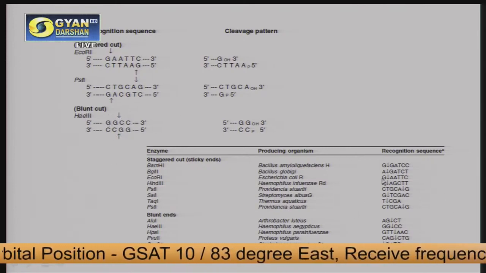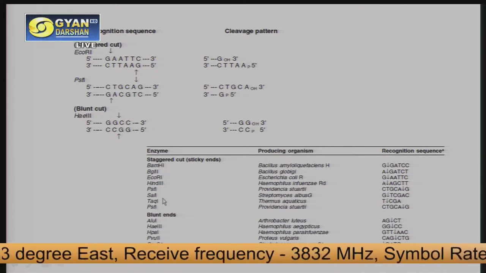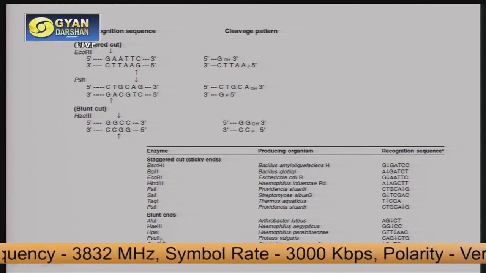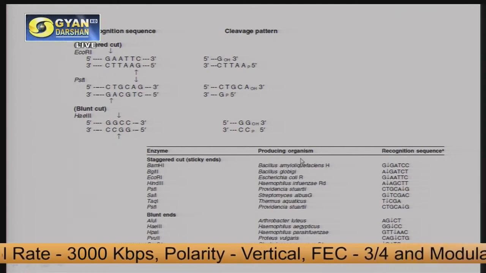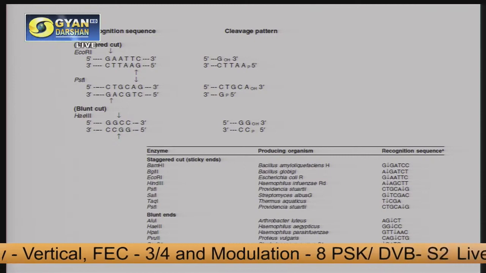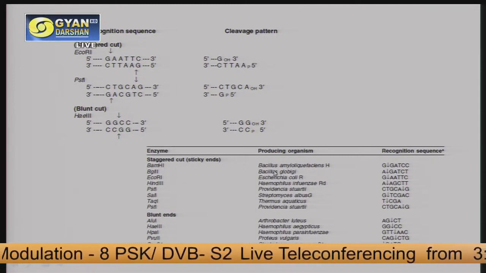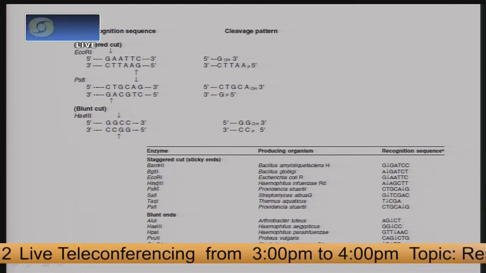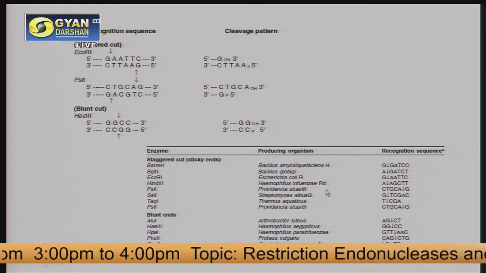And the table that I have given shows the names of different restriction enzymes, like the staggered cut enzymes and the blunt cut enzymes. For each of these enzymes, you have the producing organism or source organism, which is usually a bacterium, like BamHI, isolated from Bacillus amyloliquefaciens, serotype H. Then EcoRI, as I already said, and HindIII, from Haemophilus influenzae.